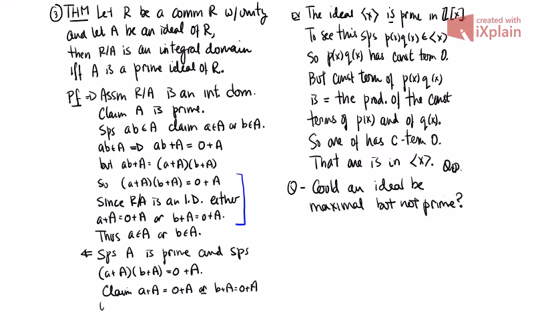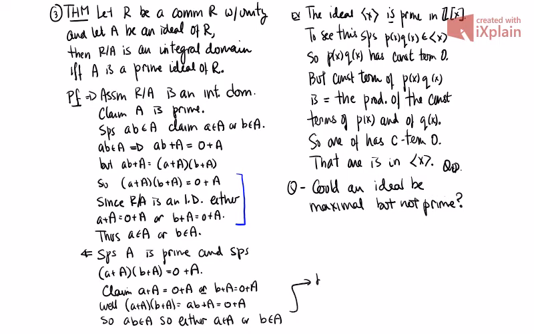So then we say, well, (a + A)(b + A) is ab + A, and that's 0 + A. So ab is in A. So either a is in A or b is in A. This is because big A is a prime ideal.